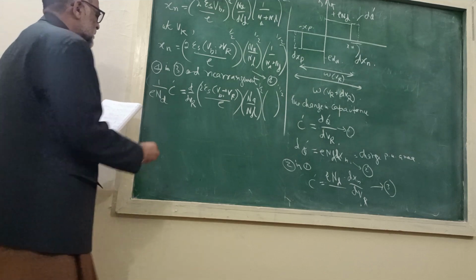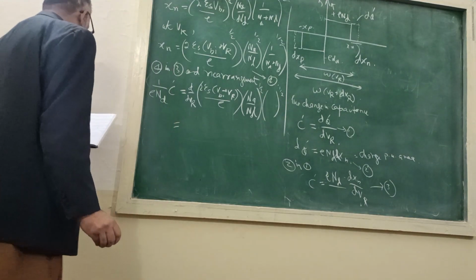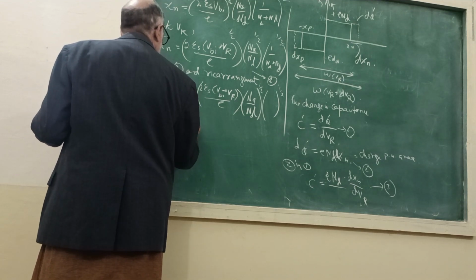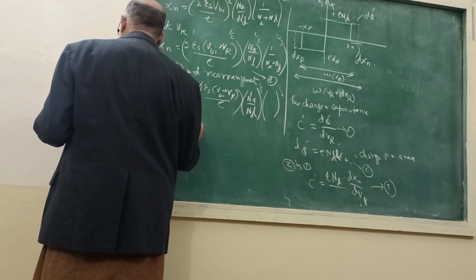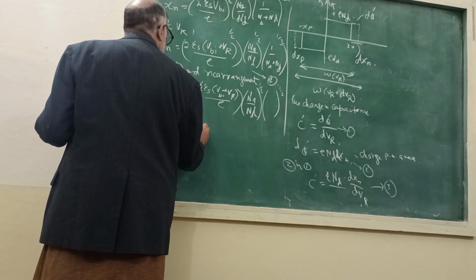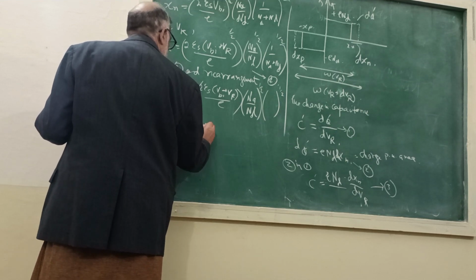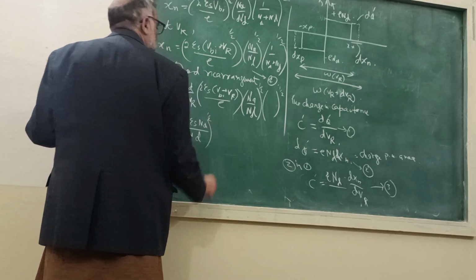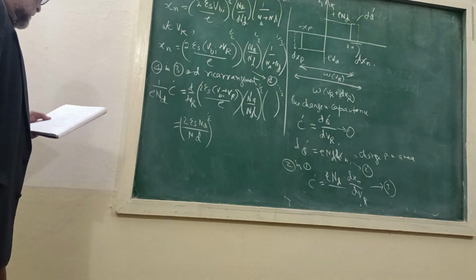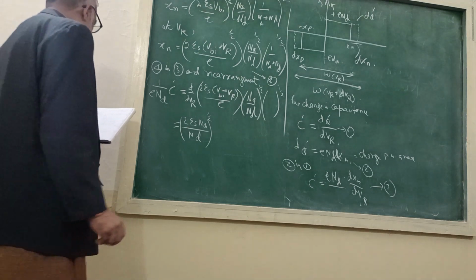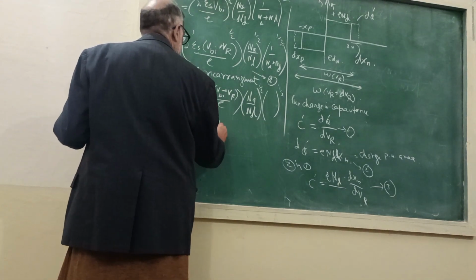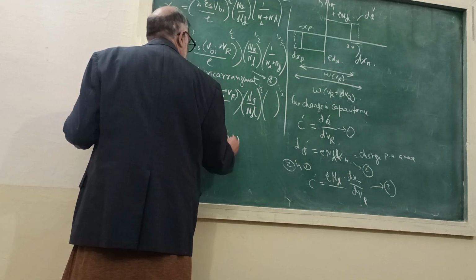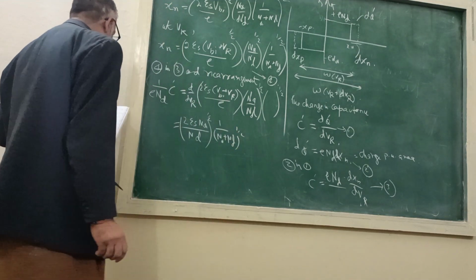So when we differentiate that, we get again this thing, 2 epsilon_s N_A over N_D to the power 1 over 2, and N_D and N_A have nothing to do with it, and 1 over N_A plus N_D to the power 1 over 2.